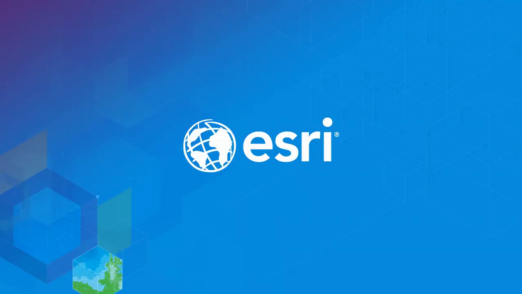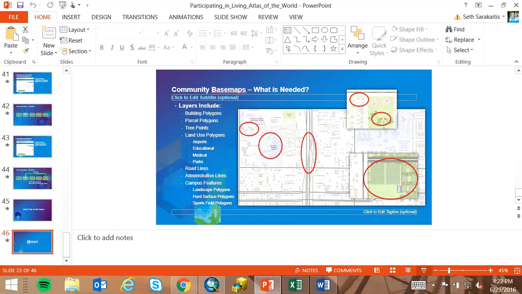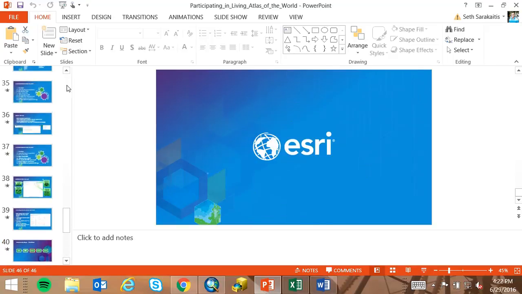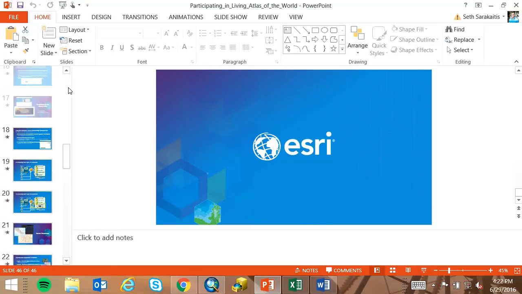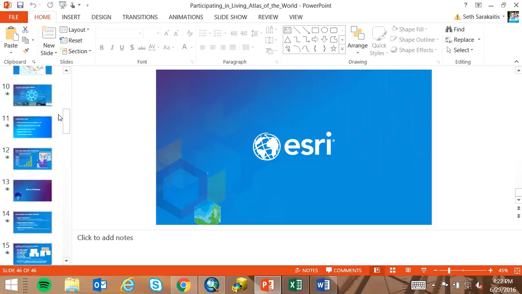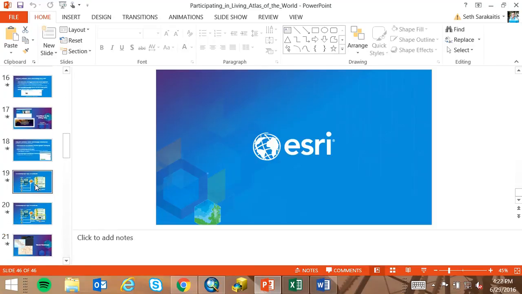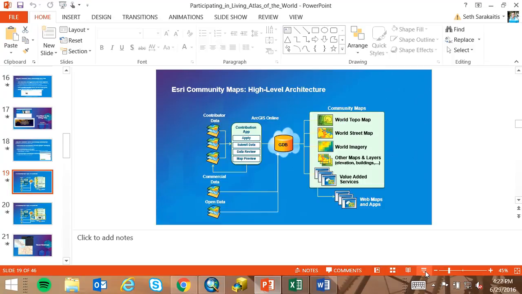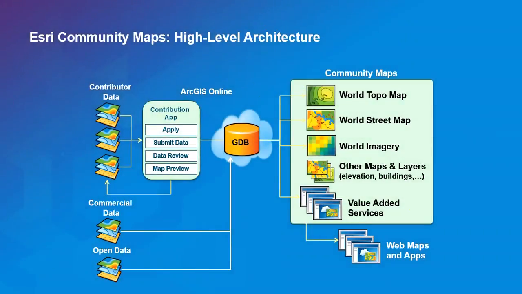So in the community maps, we have different product types, and the one that Seth was describing was a base map. He's describing the data model that supports the base map product, and that probably wouldn't be appropriate for what you're describing. But we either define other products that would use that, or we would say that's an additional type of information product that would sit on top of the base map.